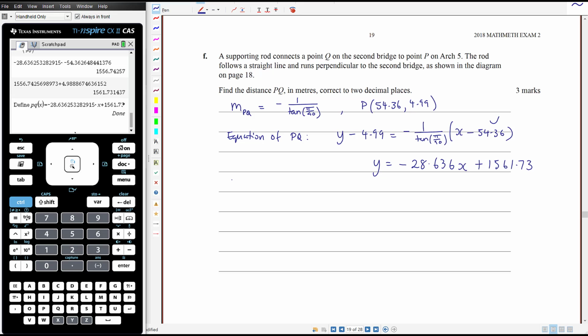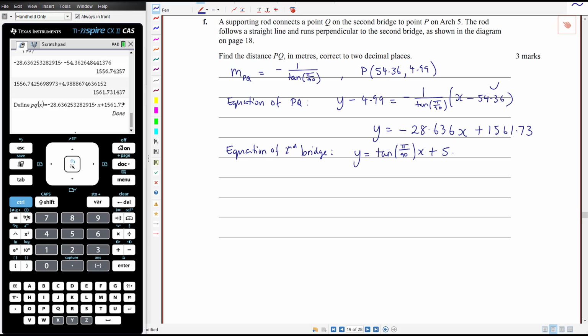We know the equation of the second bridge is going to be y equals tan of pi on 90 x plus 5. Okay, and so we want to make those equal together to find Q. So Q is at the point of intersection.